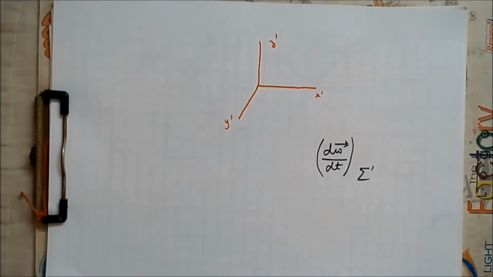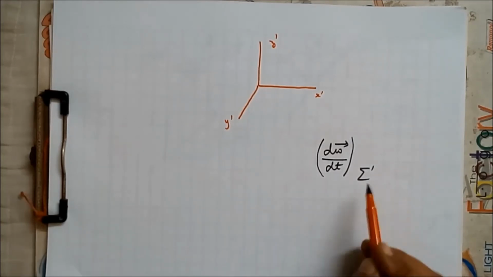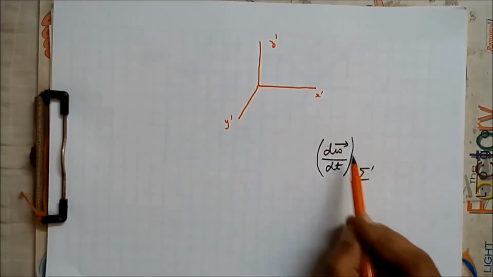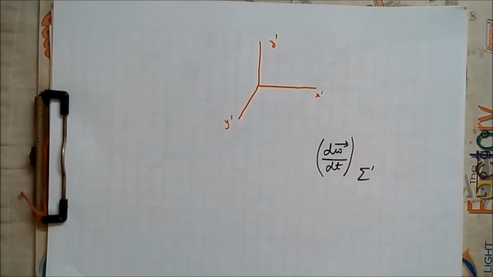Now, is this true? Can the observer who is on the rotating frame of reference not perceive his own angular velocity? The answer is no. He can perceive his own angular velocity, although not in a direct way.